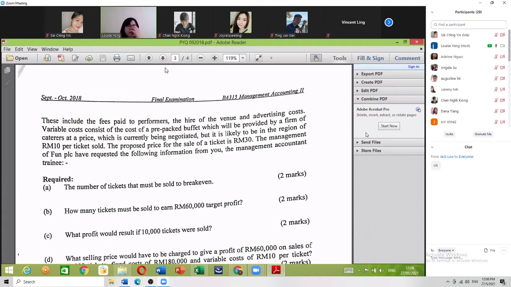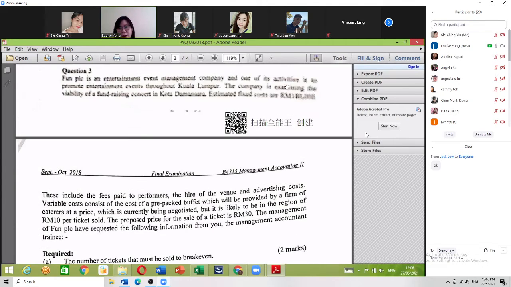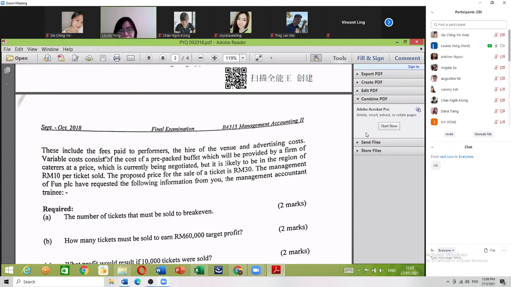So what does this 180,000 include? It includes the performers' pay, the venue you rent, and your advertising costs. Then variable cost consists of the cost of a prepaid buffet provided by a caterer at a price which has been negotiated, $10 per ticket.